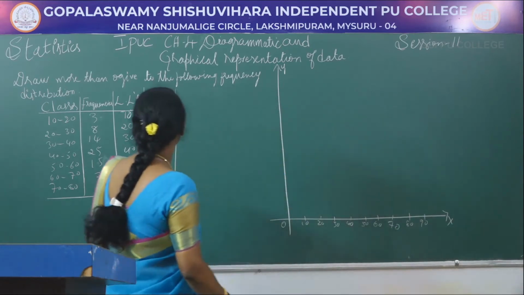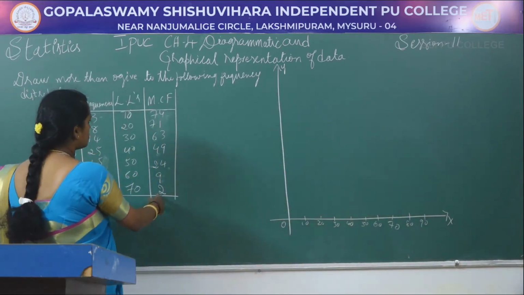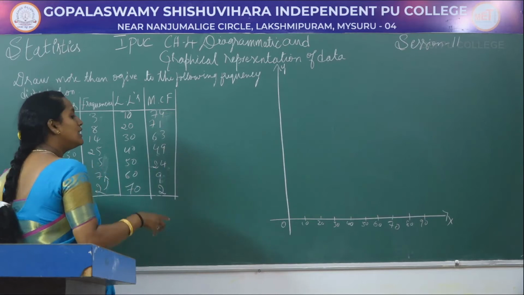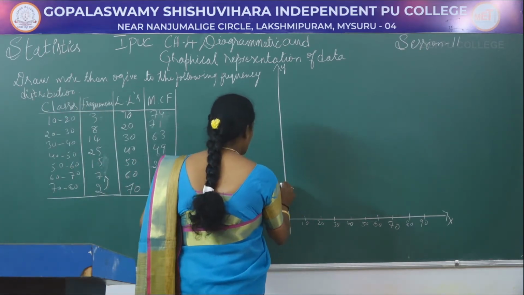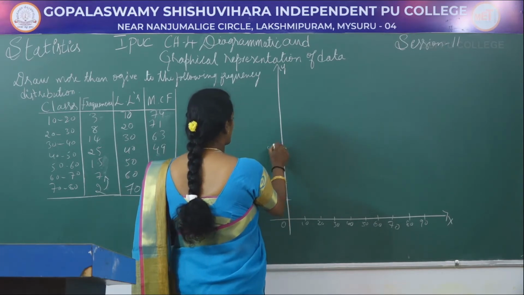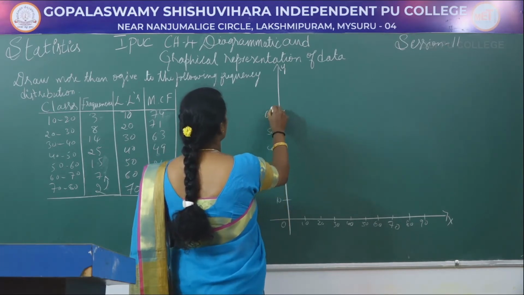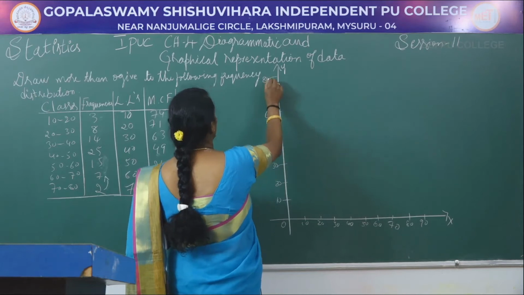And in the y-axis, the lowest cumulative frequency is 2 and the highest is 74, so let us go with 10, 20, 30, 40, 50, 60, 70, 80.